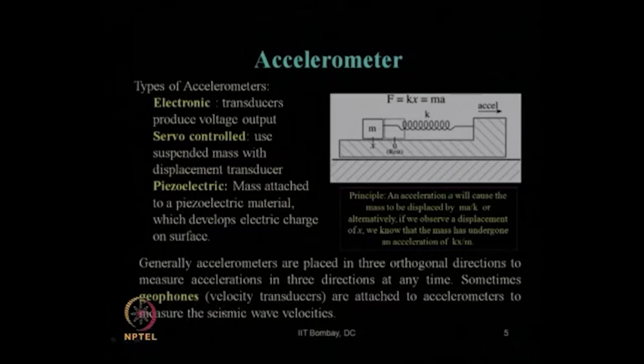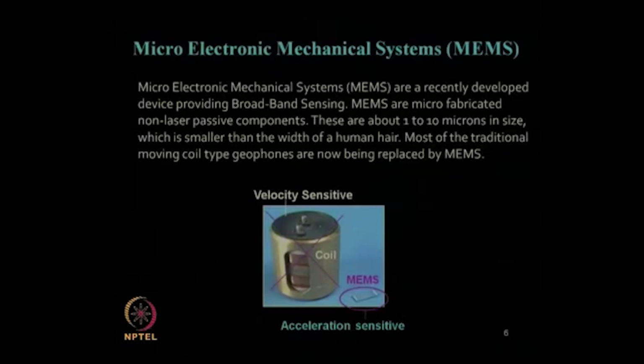So, either way we can estimate this value through these accelerometers. And geophones are commonly known as velocity transducers, that is, they measure the velocity of various seismic waves which arrive during the earthquake process. Then we have also seen the latest instrumental development in this area, the use of microelectronic mechanical systems, or MEMS in short.